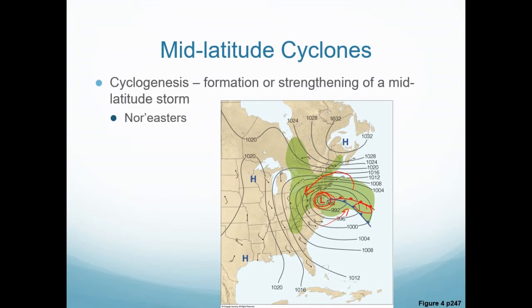And because it's counterclockwise, that means that over the northeast states, when you have this Hatteras low in this position, winds are going to be coming from the northeast, bringing cold, humid air from the North Atlantic over the states, which brings a lot of rain at the least. Heavy snowfall is very common with a nor'easter.